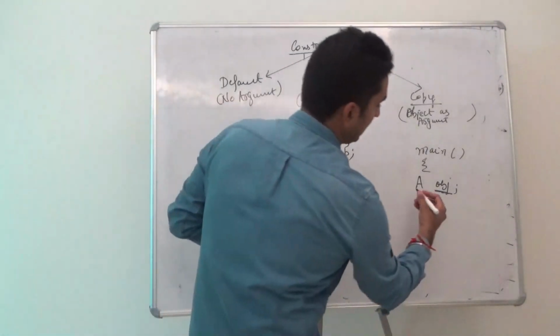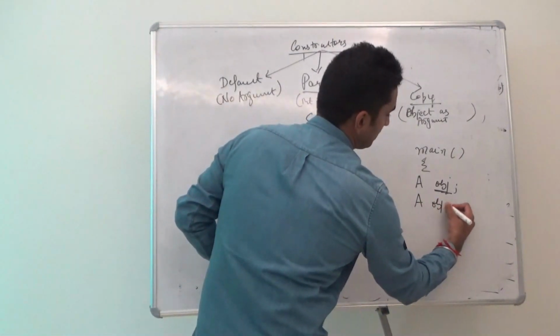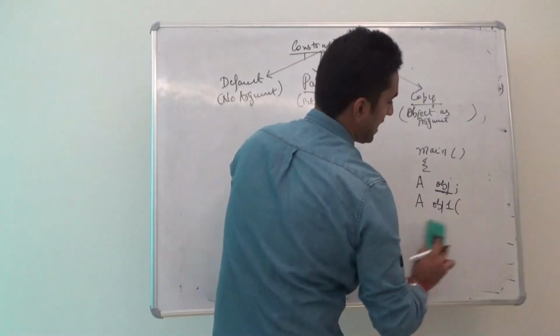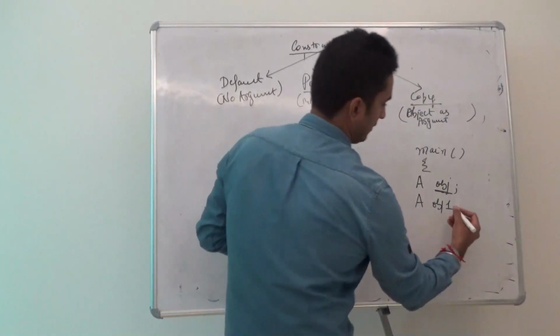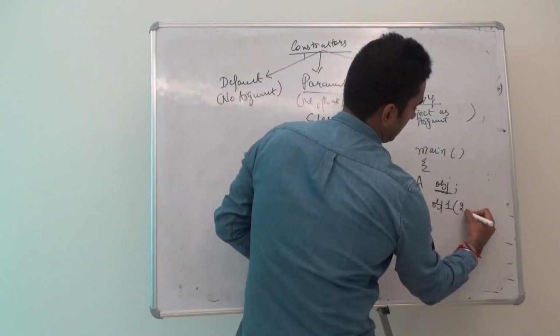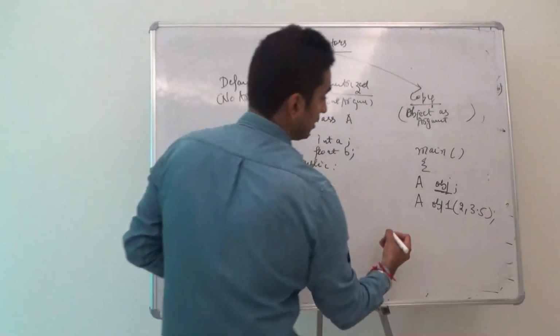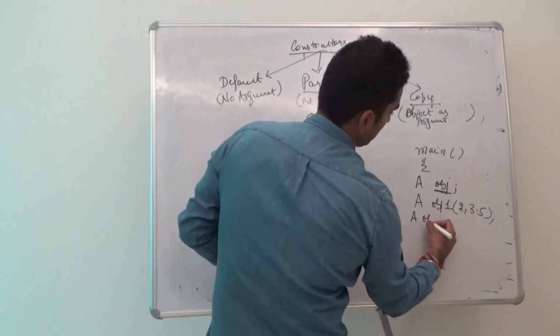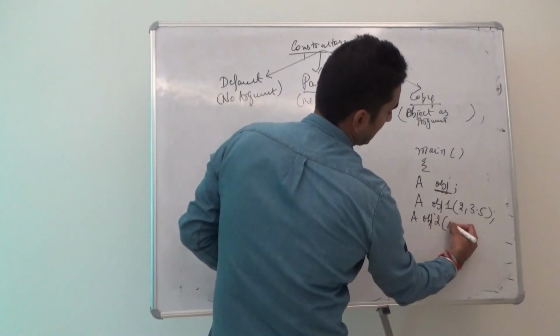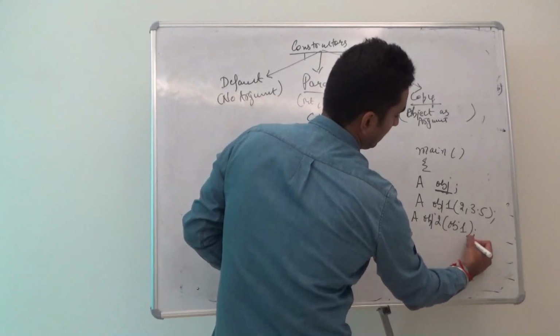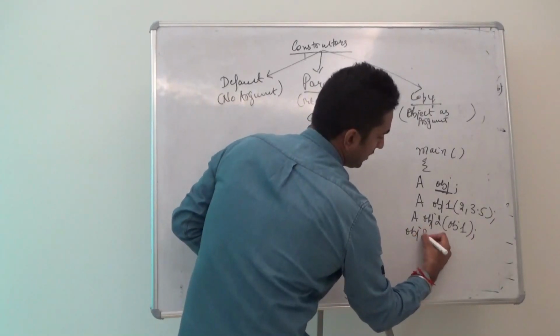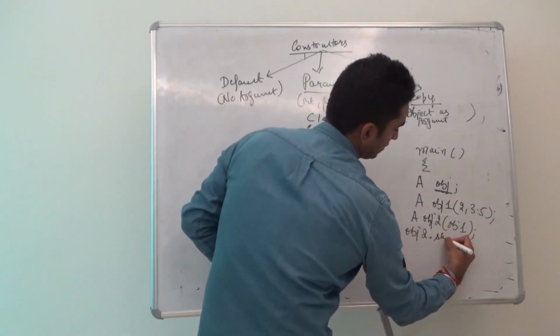So I'm creating 3 types of object. Object 1 that has arguments 2 and 3.5, and another object 2 that has object 1, and I'm just using object 2.show.